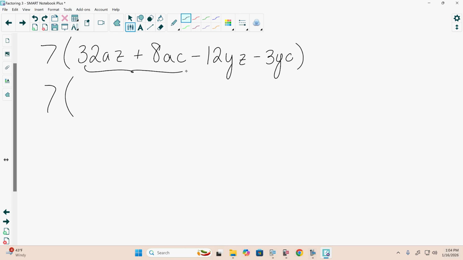Because grouping these two and grouping these two is a lot nicer to work with than our original numbers. So, what terms in common with 32az and 8ac? What number will go into both 32 and 8?